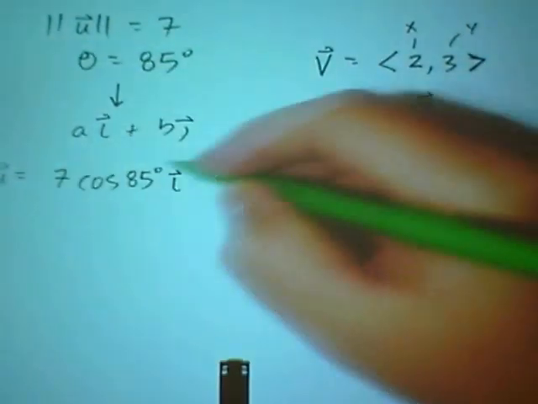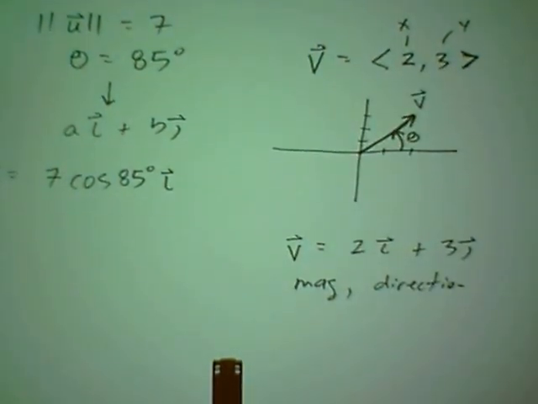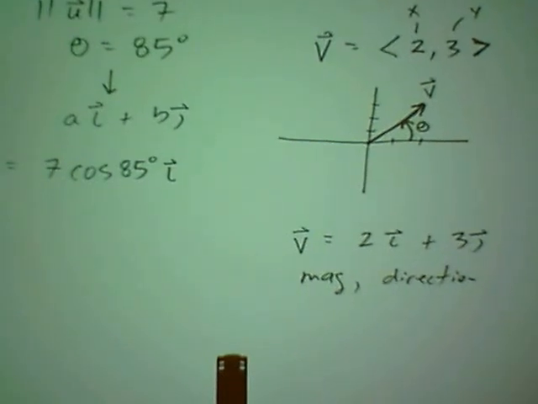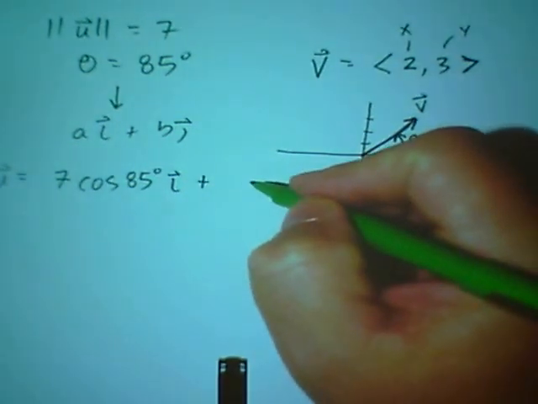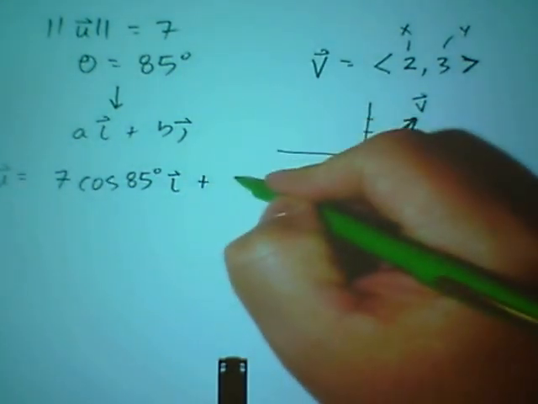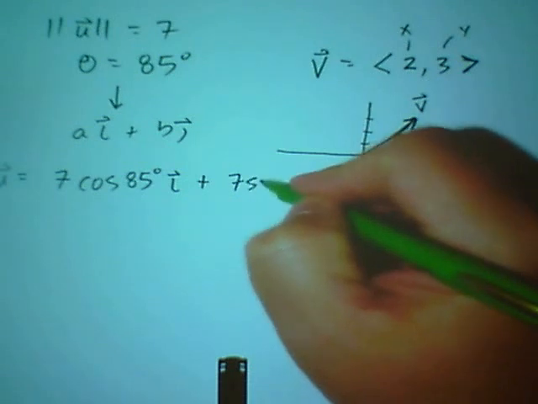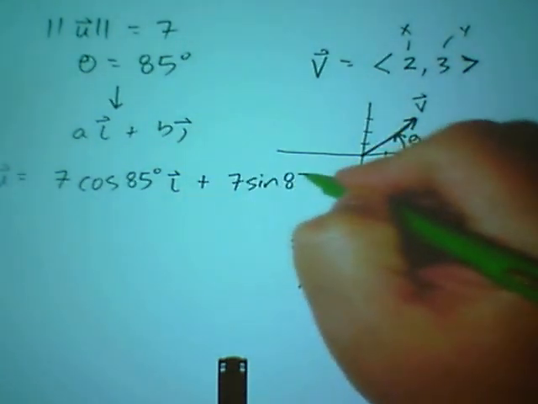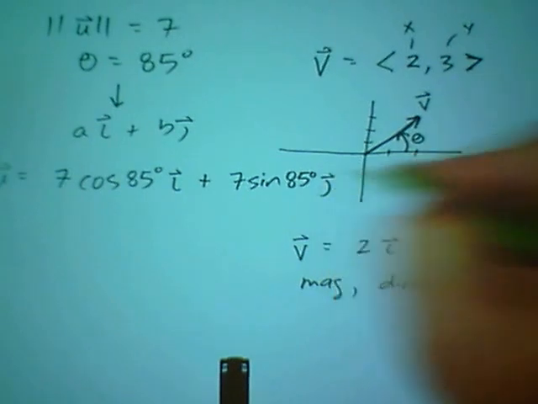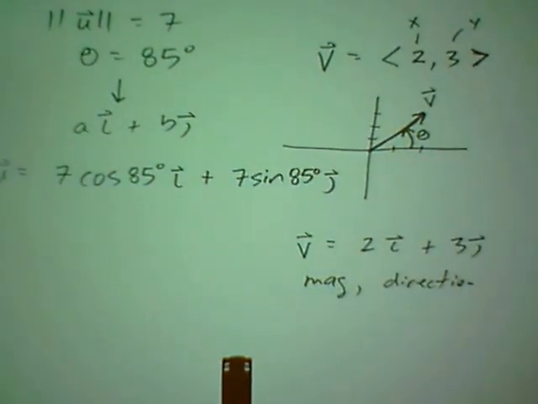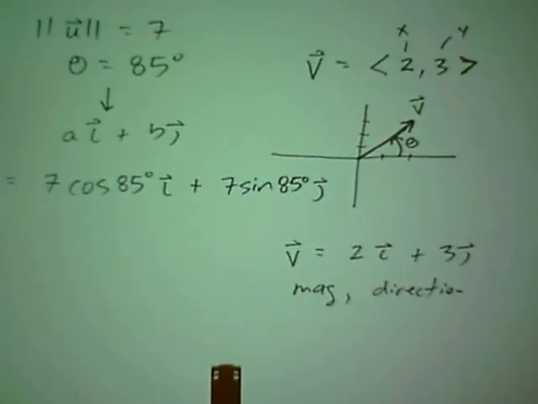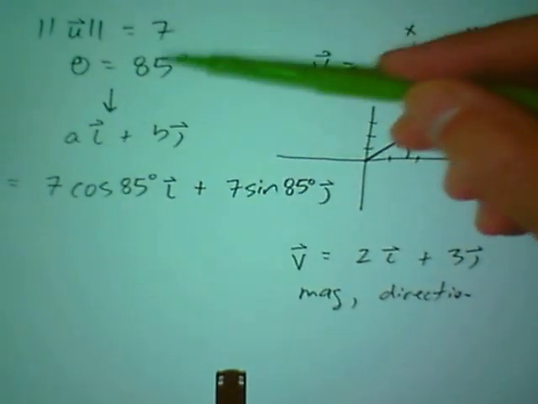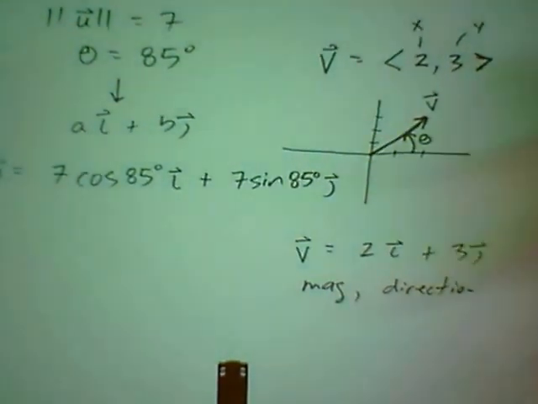Then I need the j part, which is like the y part of my vector. Once again, I take the magnitude, except now times the sine of the angle. So this is a very straightforward way to convert a vector from magnitude and direction to i and j.